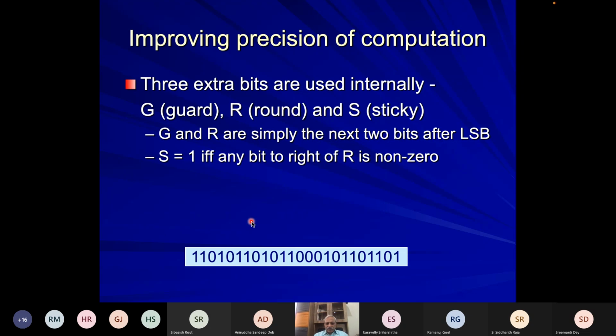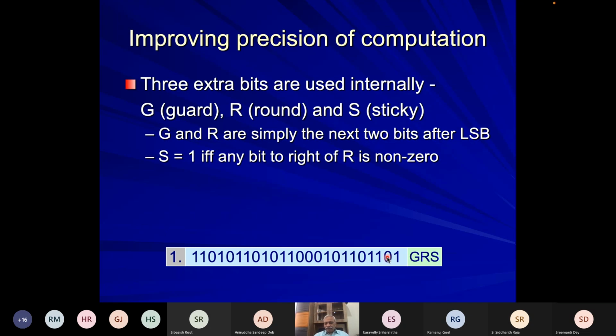So for example, this is your fraction. There is an implicit 1, and you imagine 3 additional bits G, R, and S. The operands you get for performing any floating point arithmetic will have only a limited number of bits. For example, for single precision, you get 23 bits, and after padding with the implicit 1, you have 24 bits.